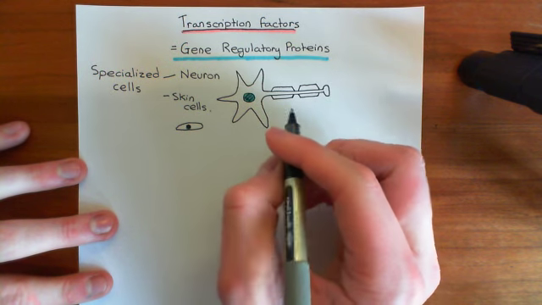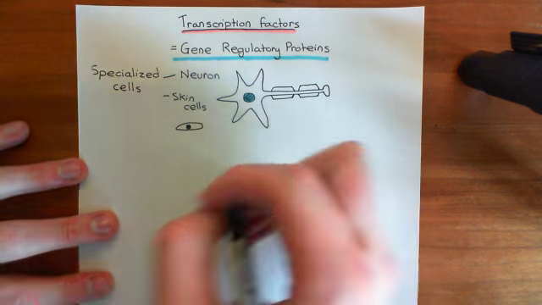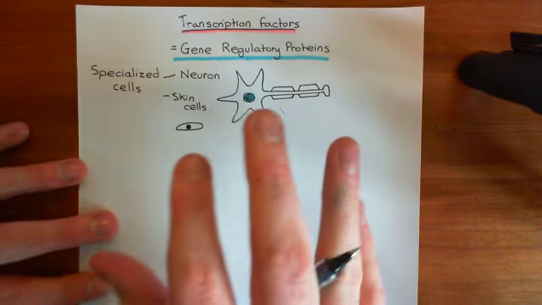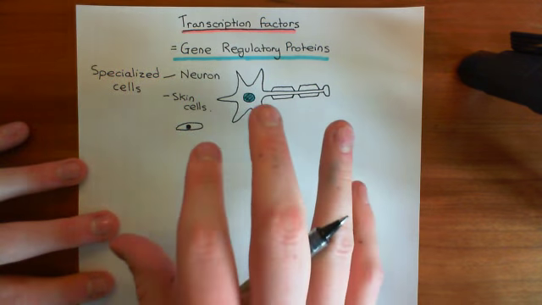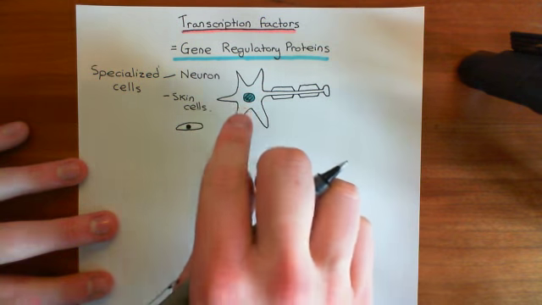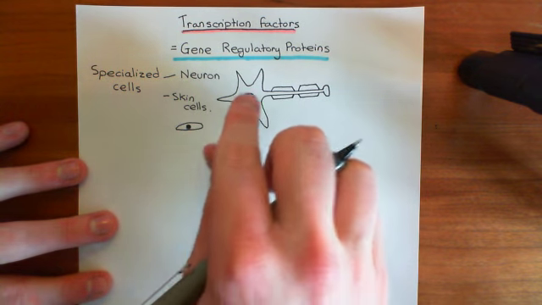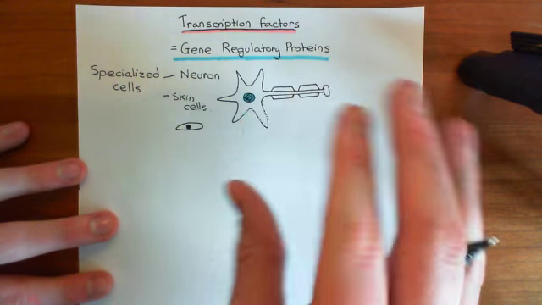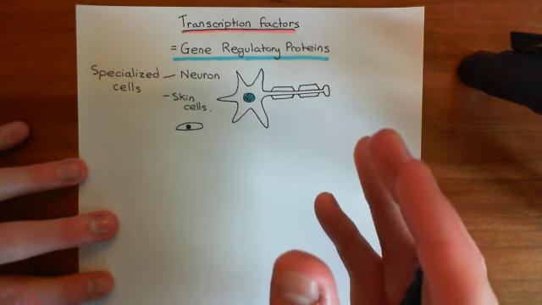And that sort of idea was supported by the fact that it seemed an irreversible process. You can't despecialize a cell and take it back to an unspecialized cell known as a stem cell.